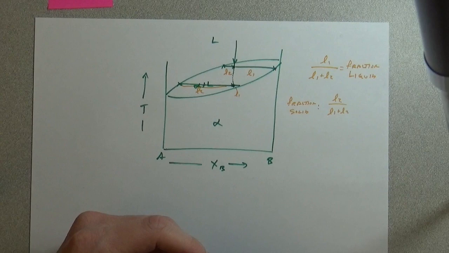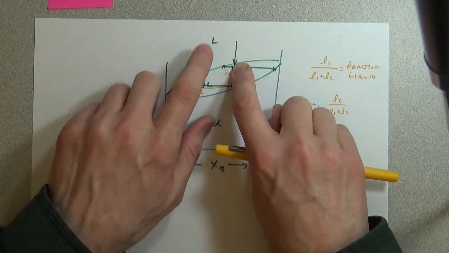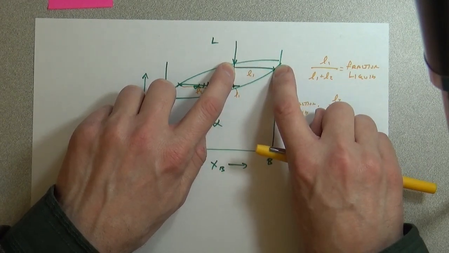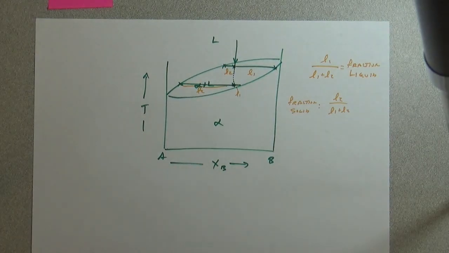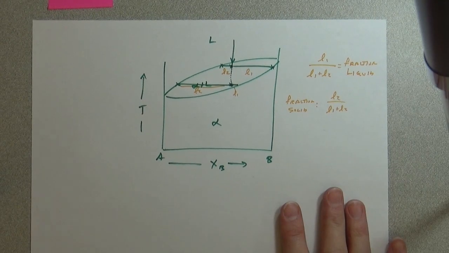And you can think of it that way. Another way to think of it is to actually just look at it and say, well, I'm coming into here, there's more liquid because I just crossed the liquidus, therefore I take the long part. And that's another way of thinking of it. And that's how we read a phase diagram.